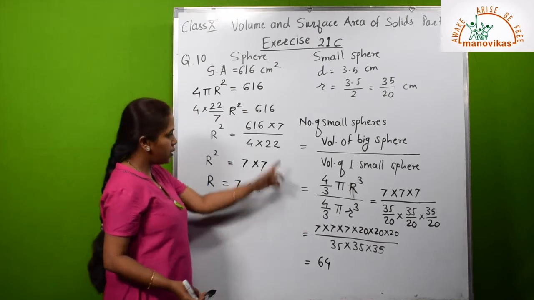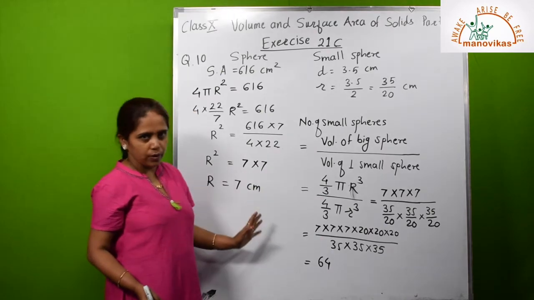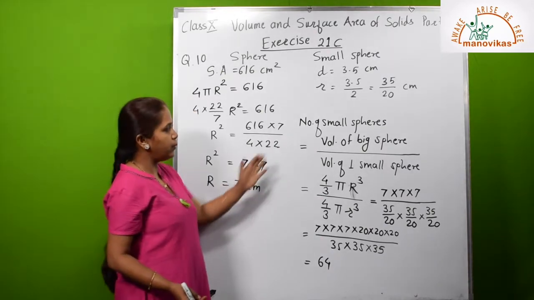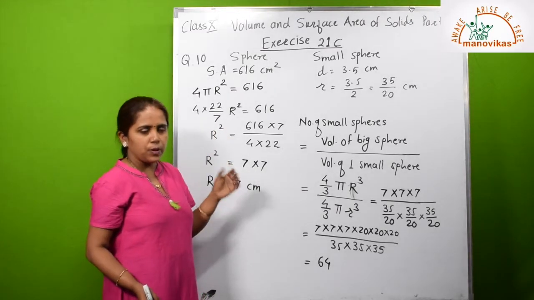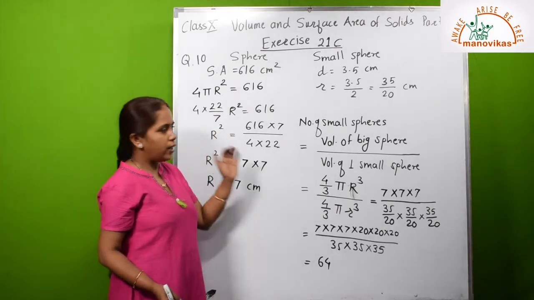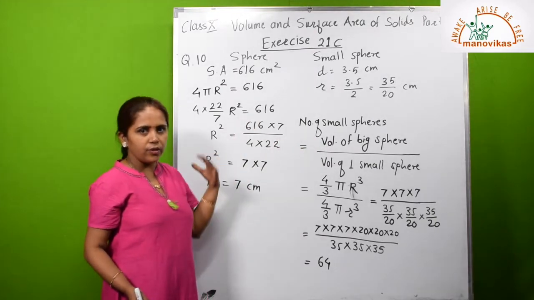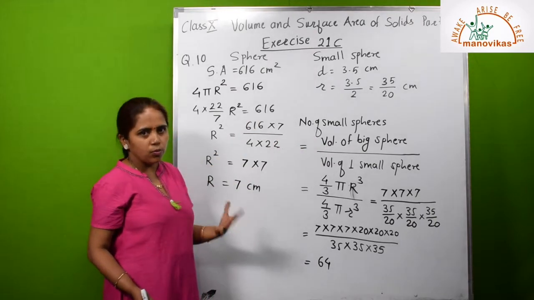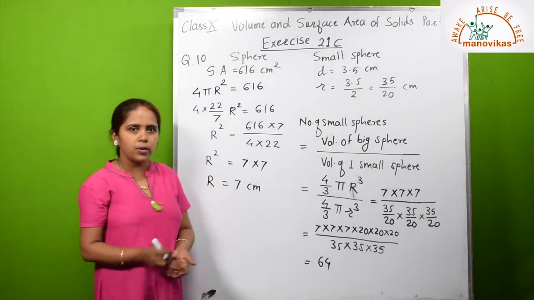So use this method to find the number of small spheres. For every problem you can do like this. Whenever we have to find the number of spheres or number of cones, we divide the volume of the big solid by the volume of the smaller one. Understood? So this is question number 10.